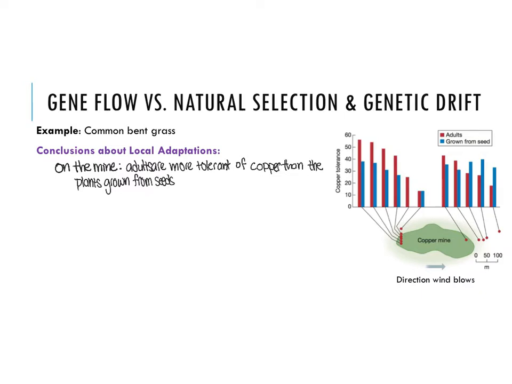So the red lines, which are the adults, are higher than the blue lines consistently, except for the one site outside the mine, where they're the same height. So this suggests there is natural selection for copper tolerance.